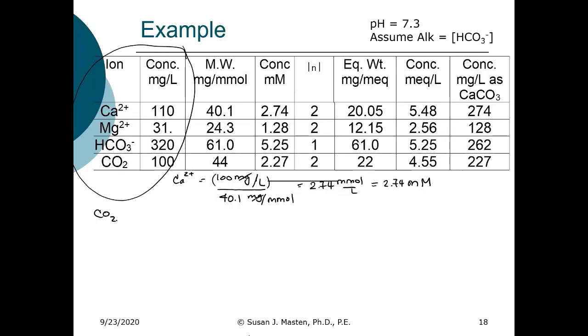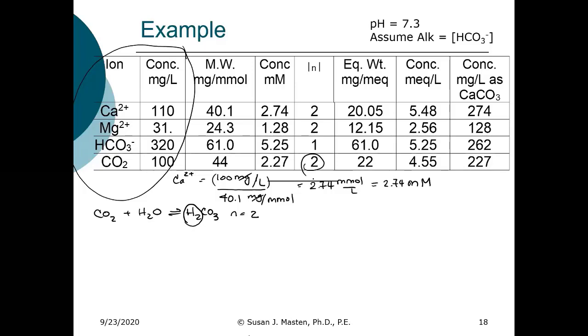Remember, CO2 reacts in water to form carbonic acid. Carbonic acid can donate 2 protons, so N is equal to 2. So you'll always use a 2 for CO2. And those of you in 481, it's the same thing there.